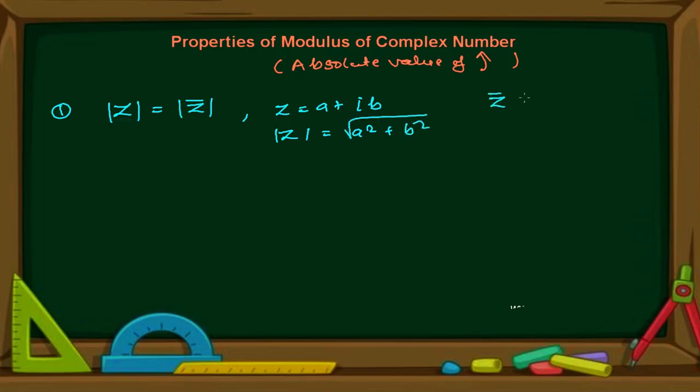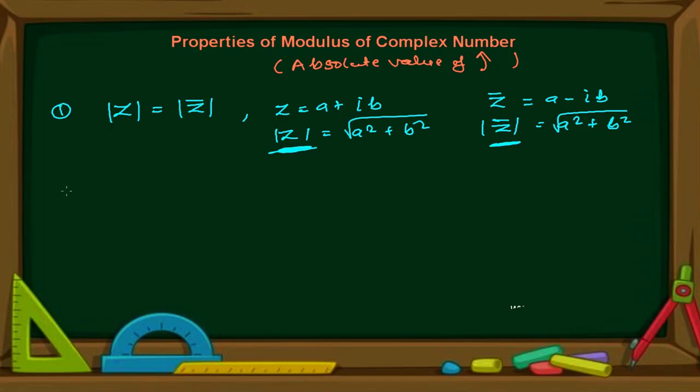Similarly, the conjugate of this j is bar j, which is a minus ib, the sign gets changed. So the absolute value of the conjugate of j is also the same, the square root of the square of the real part plus the square of the imaginary part, and both have the same real part and imaginary part. The difference is just the sign. So the absolute value of j and the absolute value of bar j, the conjugate of j, are the same. This is the first property of the modulus of a complex number.